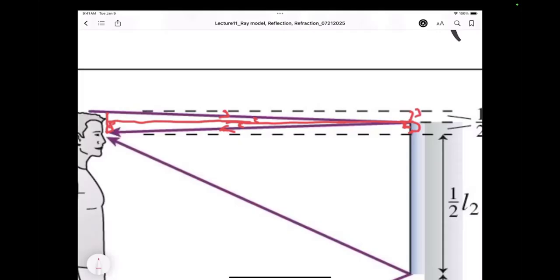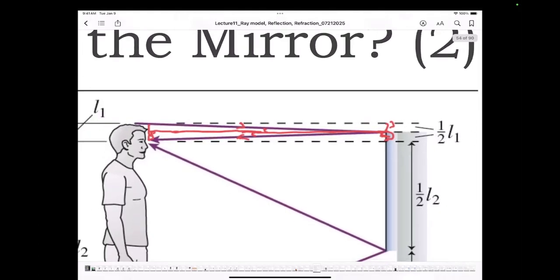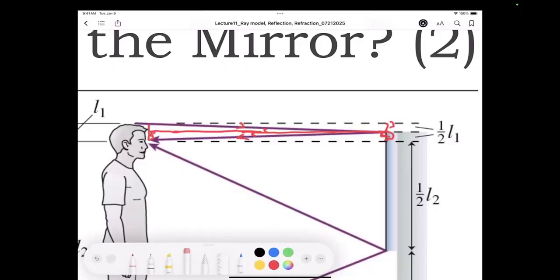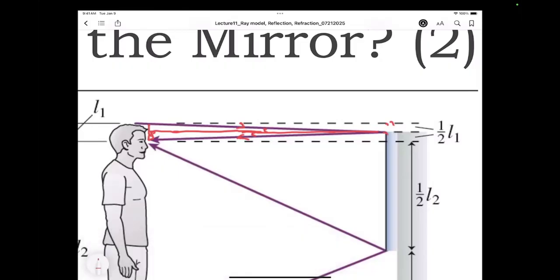Because otherwise this one will not be perpendicular to this one. So this distance must be half L1, because this is L1, am I right? That makes sense to you?